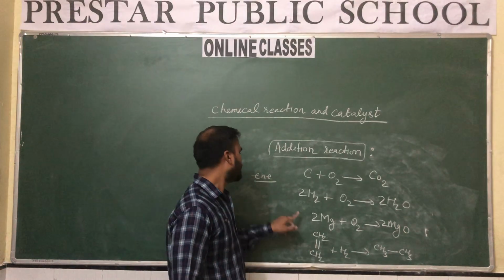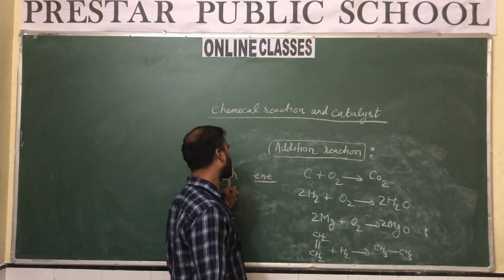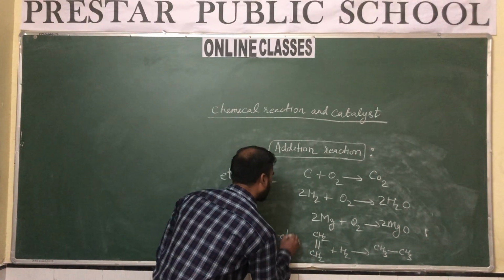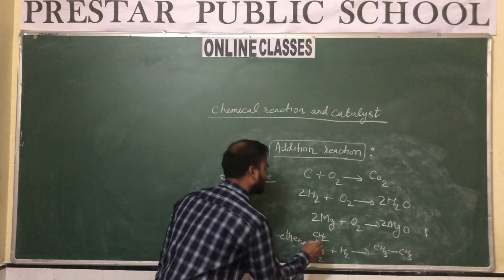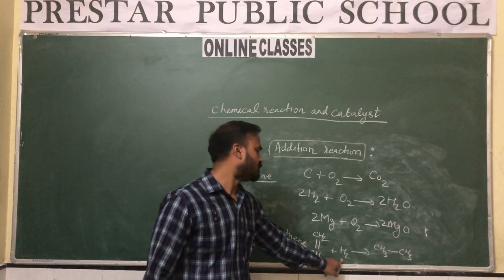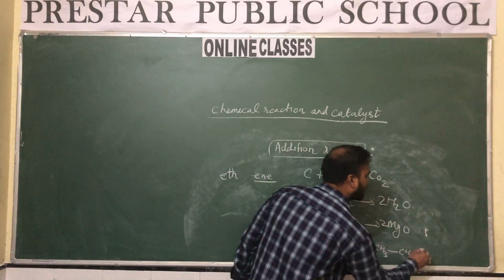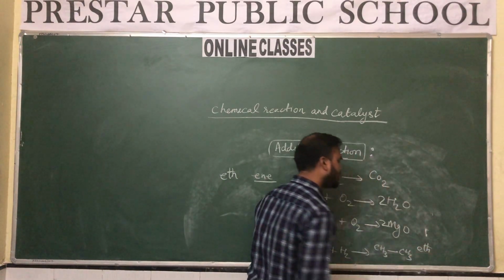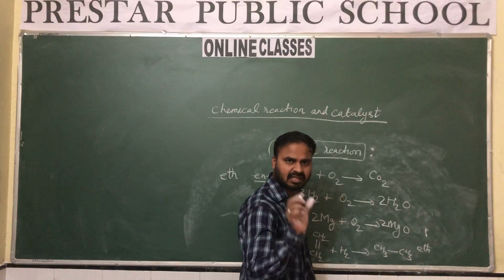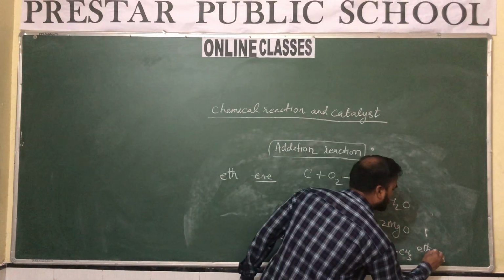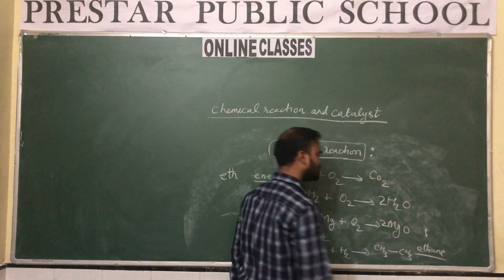So 2 carbons means eth, so its name will be ethene. When ethene reacts with hydrogen gas, it forms ethane. Ethane, why? Again 2 carbons, so eth, and a single bond means ane will come.